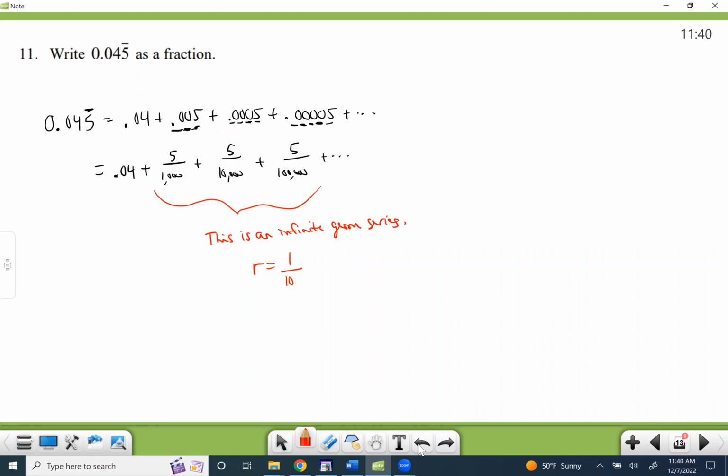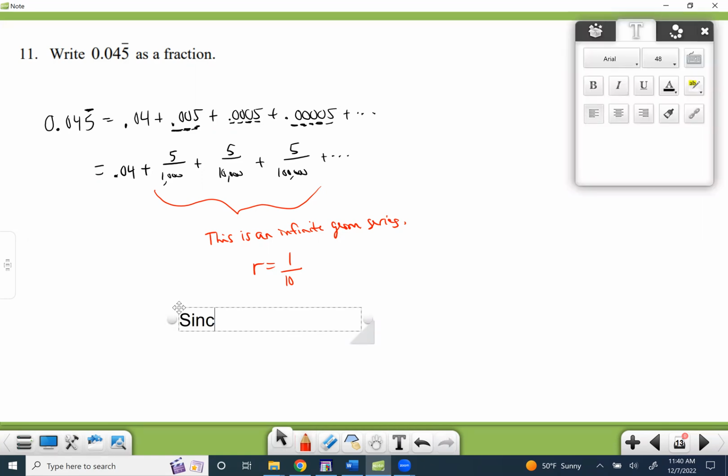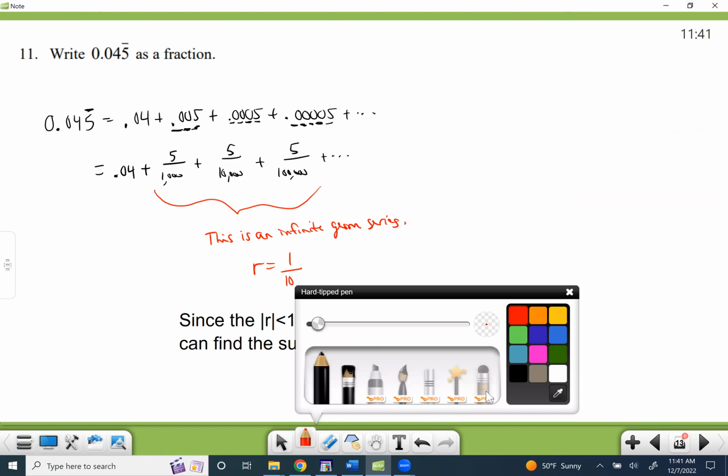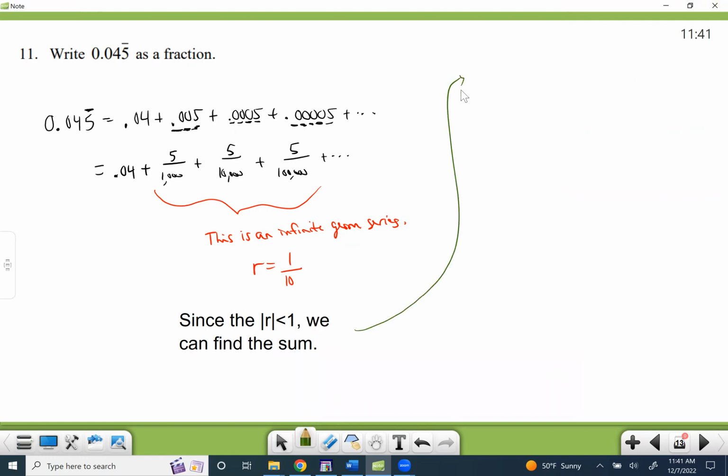So we could find the sum of this, since the absolute value of r is less than 1. In order to do it, we would have to use that formula, right? Let me draw a little arrow off to the side. We'd have to use this guy.